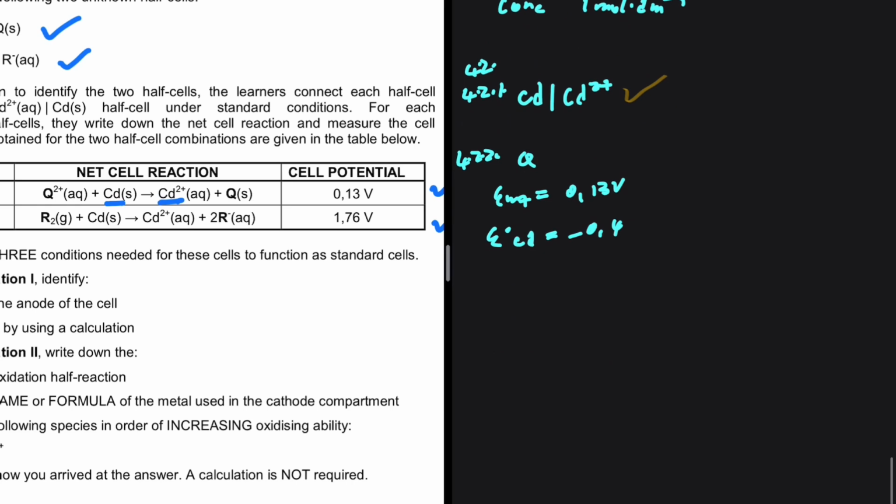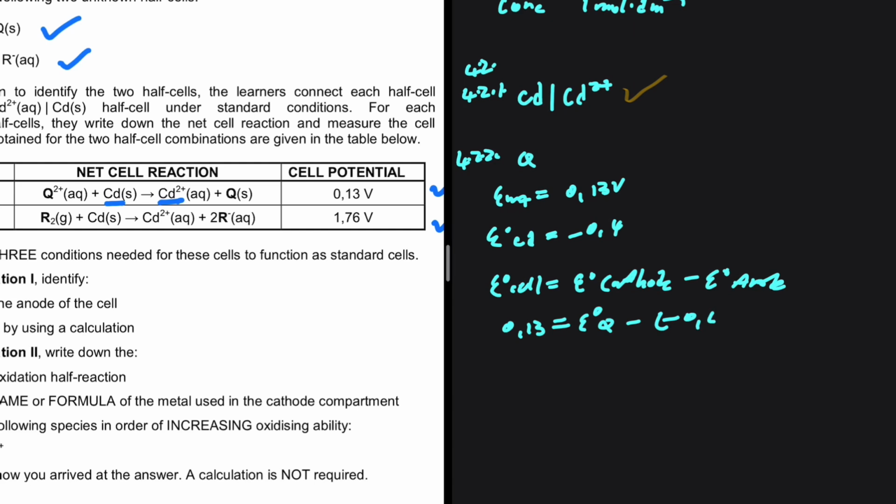In order for us to determine Q, we're going to say that the EMF of our cell equals the reduction potential at the cathode minus the reduction potential at the anode. So we're going to have 0.13 equals the reduction potential at the cathode. At the cathode is where we have Q, as we have already deduced that the anode is cadmium. And the reduction potential of cadmium is minus 0.4.